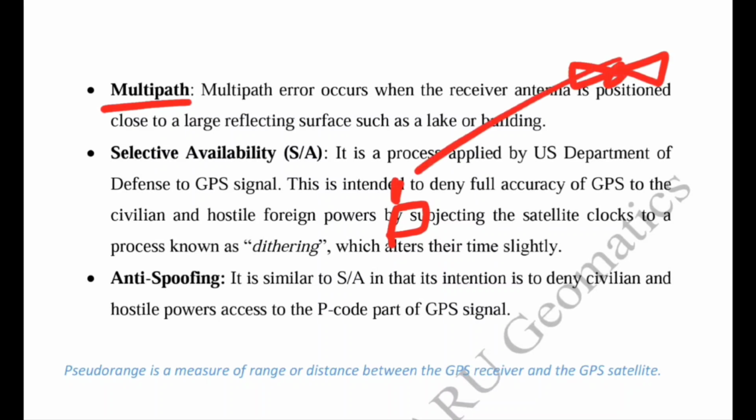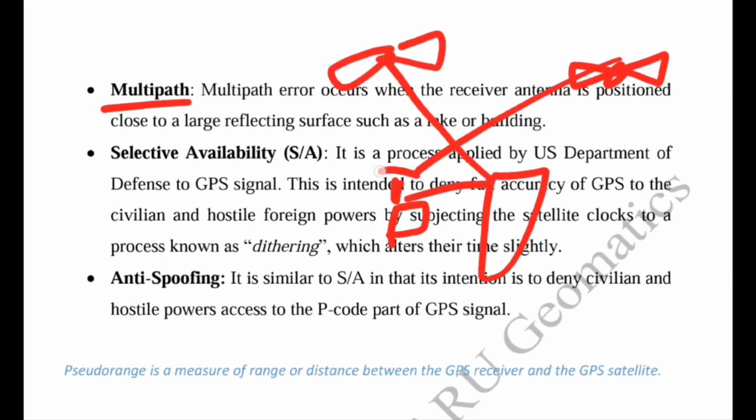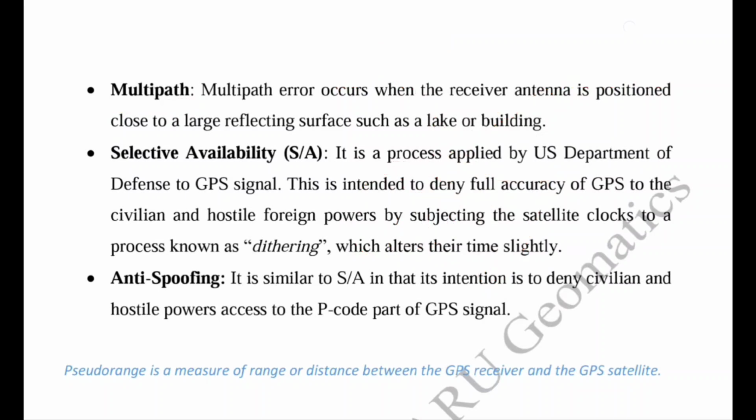But if there is a building, then the signal can indirectly reach the GPS receiver, so it miscalculates its position, and this introduces error into the GPS calculation. So this is known as the multipath error.